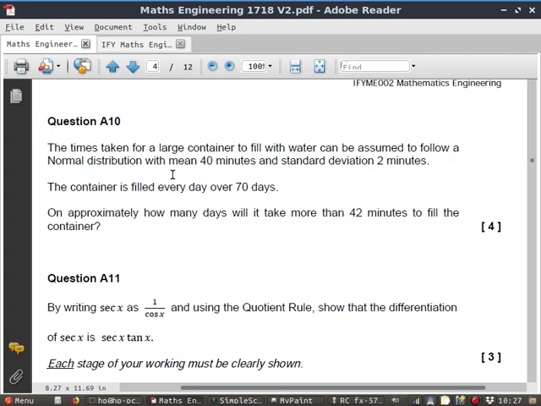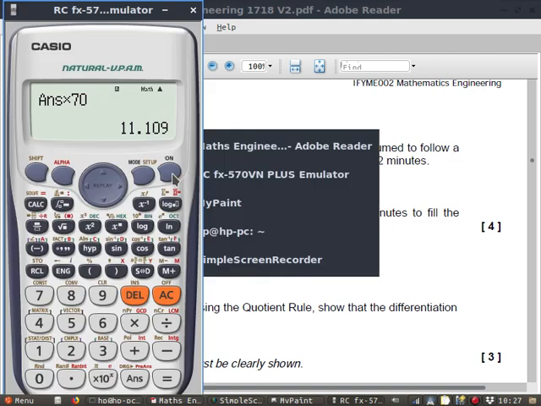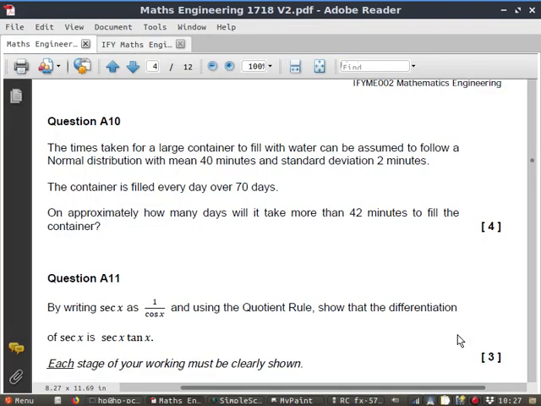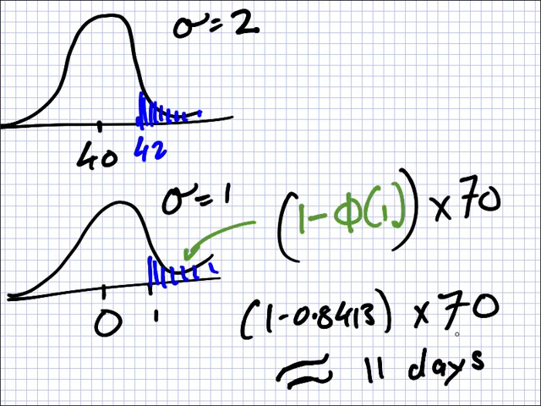You can't count these. I think, Khalifa, you're right, because they said approximately how many days. I think I should make it 11. Okay? Is this okay, Ben?